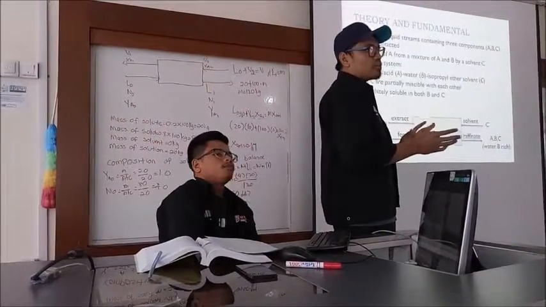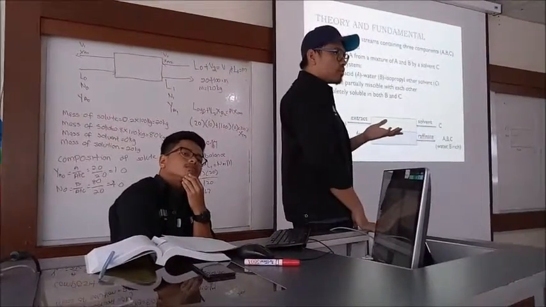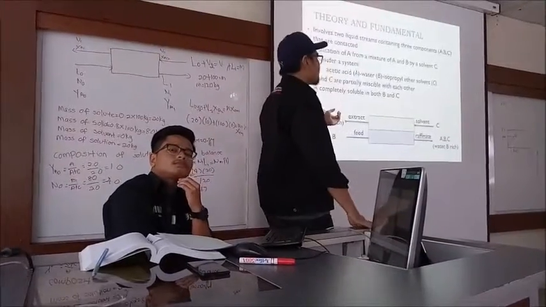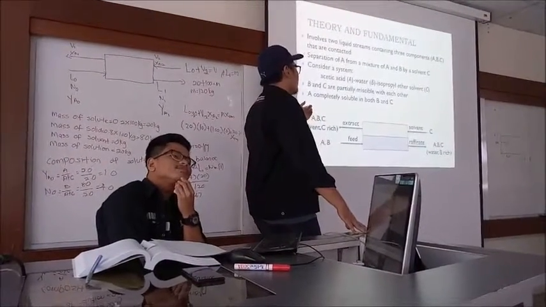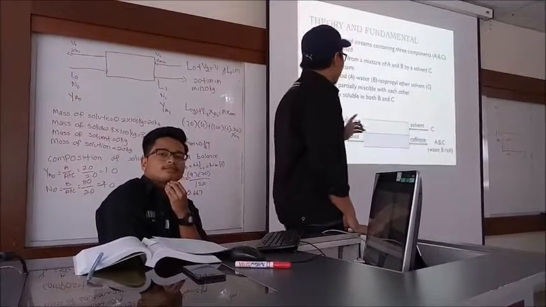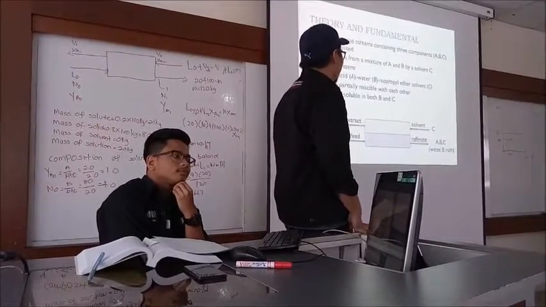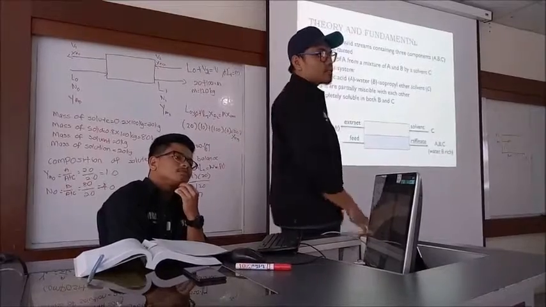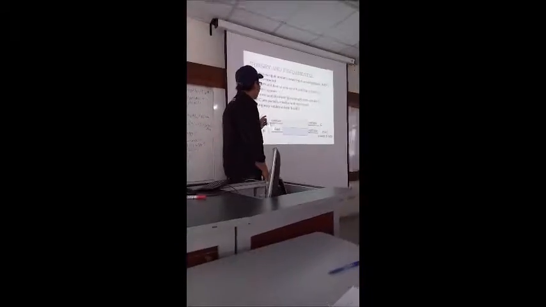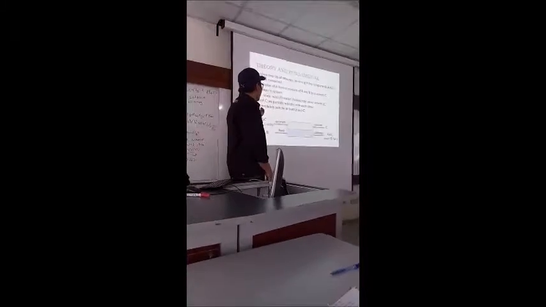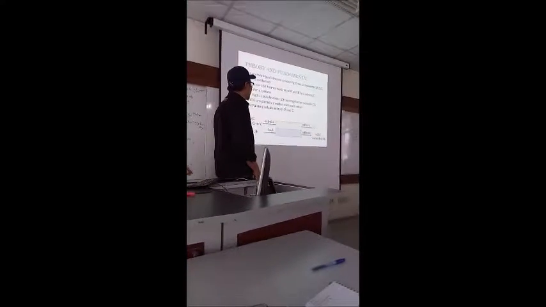The characteristic of each stream makes the separation occur, such as B and C being partially miscible with each other, while A is completely soluble in both B and C.